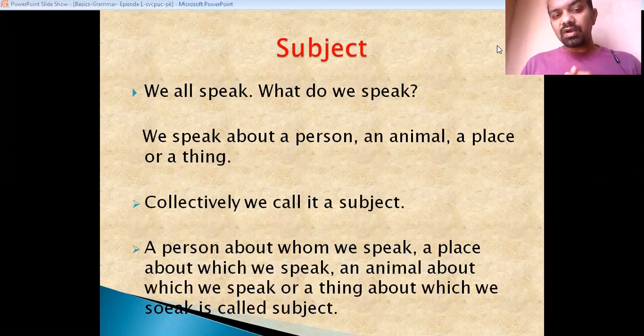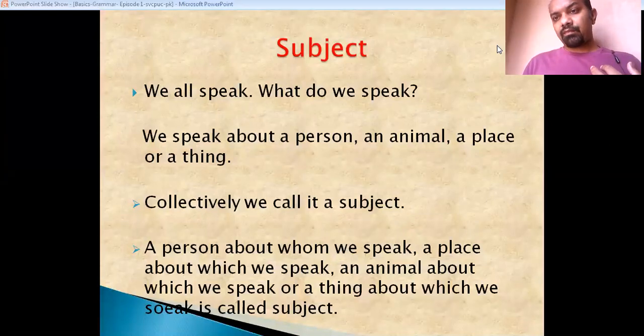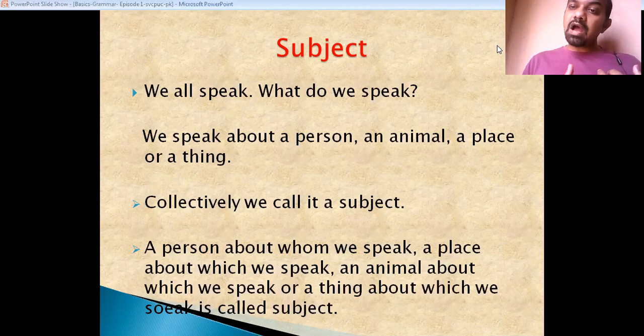So then, what is subject? A person about whom we speak. A place about which we speak: Taj Mahal, Mysore Palace, Hampi, and so on.